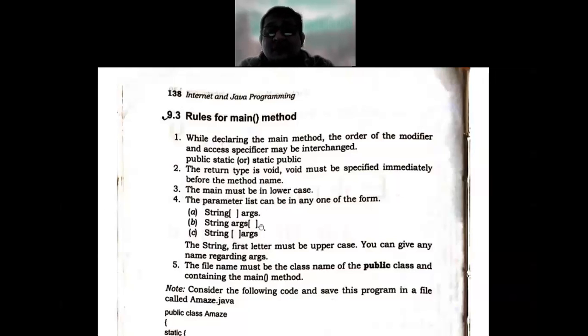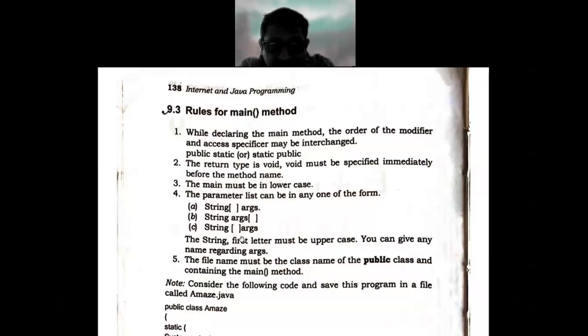So let us follow the convention itself, but any of the three forms is acceptable. The String first letter must be uppercase, and you can give any name regarding args. Okay, so args is a default name that is used in programming practice. So there is no harm if you give ABC, XYZ, whatever, but args is the default name.